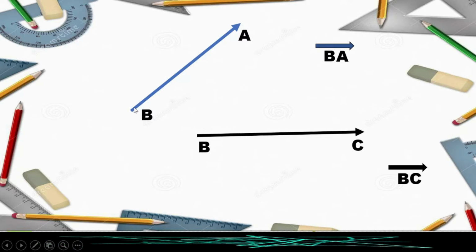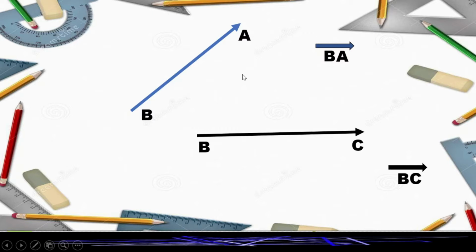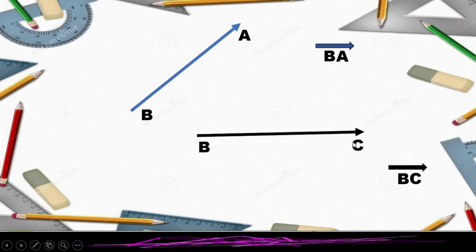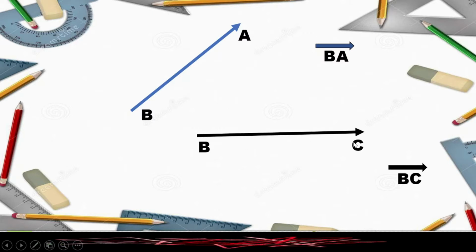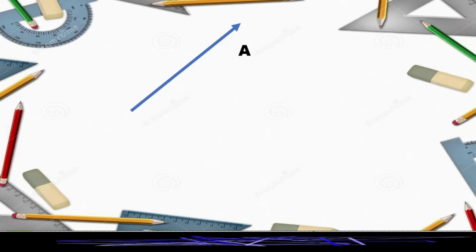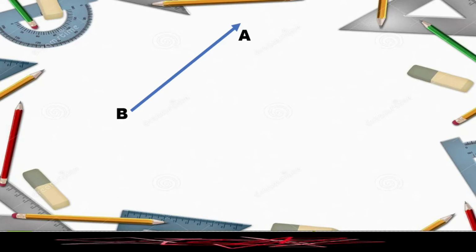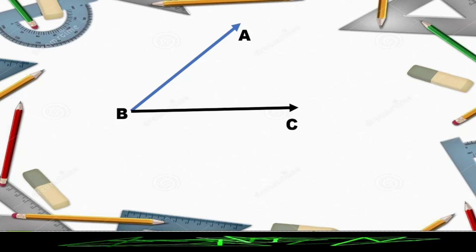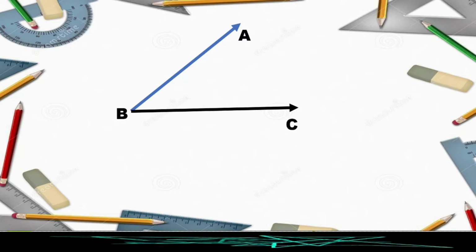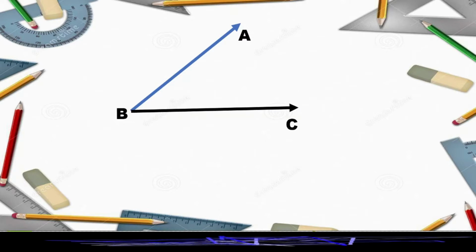One endpoint and one arrow. So when ray BA and ray BC are connected, we form an angle.